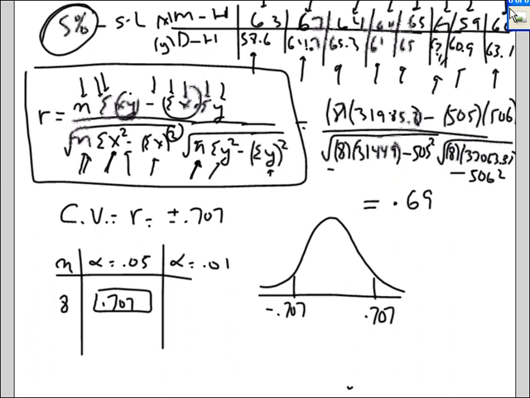Okay. Now, it turns out that the value that we calculated, our computed value, is 0.69. And that's inside here.